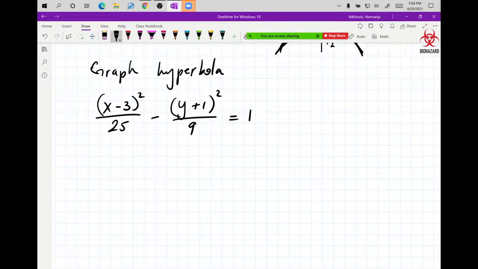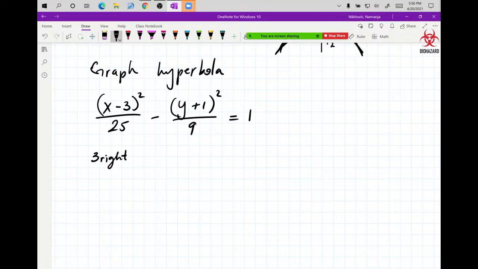So now in this case, we have x minus 3, which means 3 to the right. So the hyperbola would move 3 units to the right from the origin.